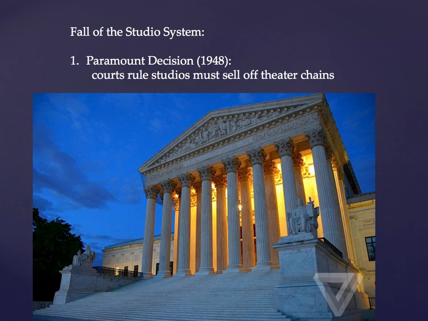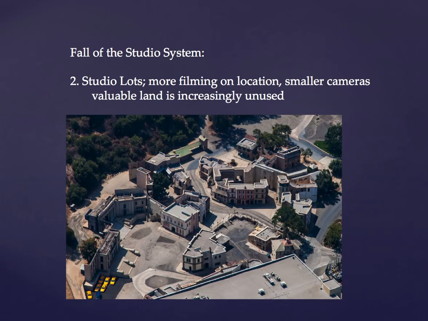Okay. The second part is that the studio lots are not going to be used so much. And that's valuable land. And when they bought that land in the 19-teens and the 1920s, it was kind of outside of town, right? Downtown LA, and Hollywood's 10 or 12 miles outside of downtown LA, orange groves and things like that.